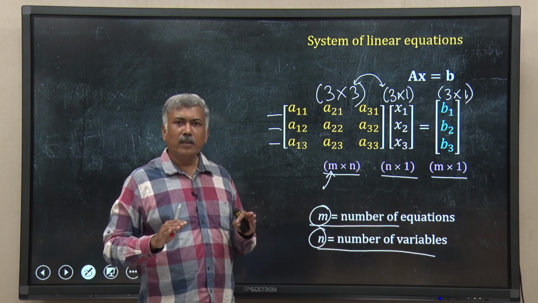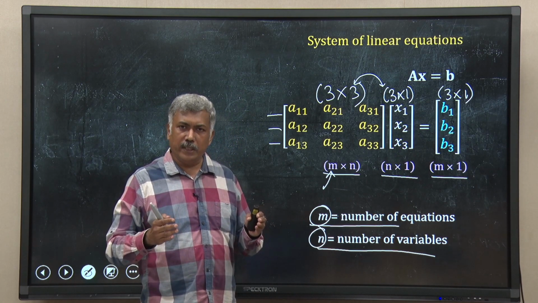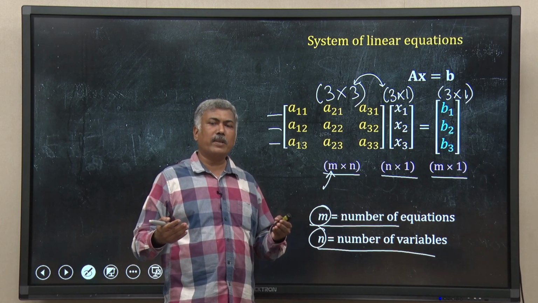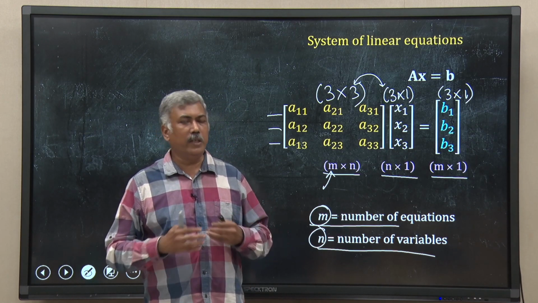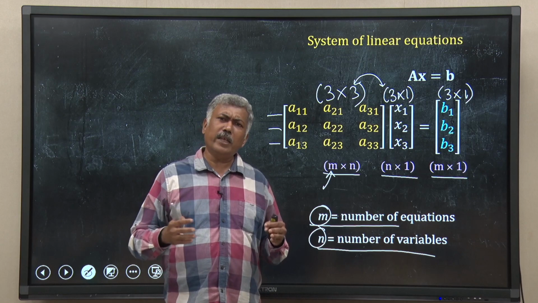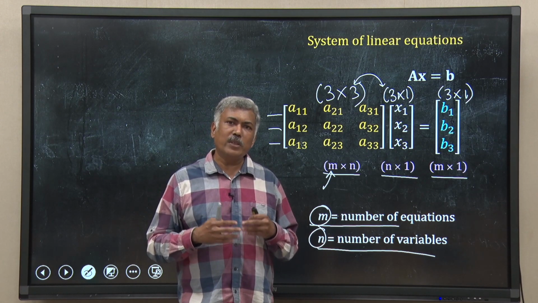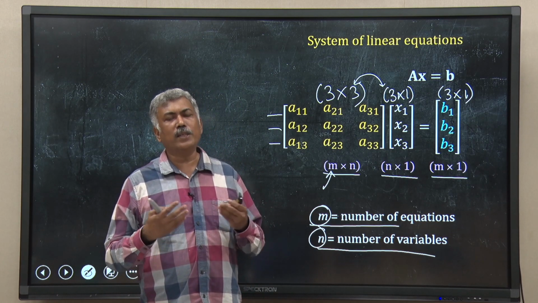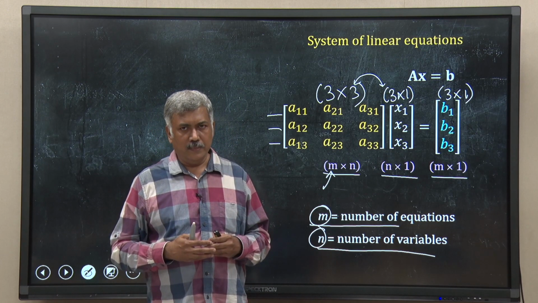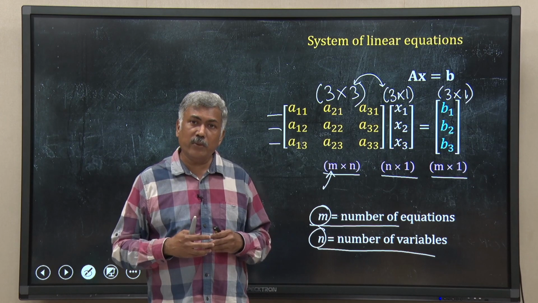So, we have got a shorthand representation, or rather a linear algebra based representation of a system of linear equations. But why am I taking so much trouble over that? Because many a time we will use linear algebra to solve a system of linear equations. What do I mean by solving a system of linear equations?